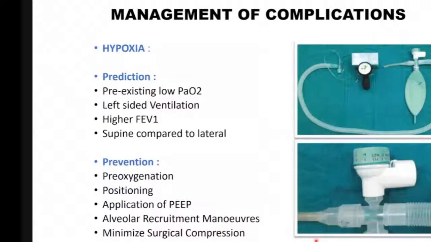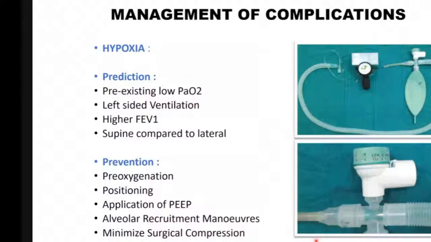This is an ideal position with which we can actually do the recruitment in hypoxia conditions. And how do we manage it actually? This algorithm is very important. Those attending should memorize it properly because we start with hypoxia, first 100% oxygen, and then gradually titrate it so as to maintain an adequate saturation. Check whether the lung isolation is correct. It is necessary to remove any blood available.